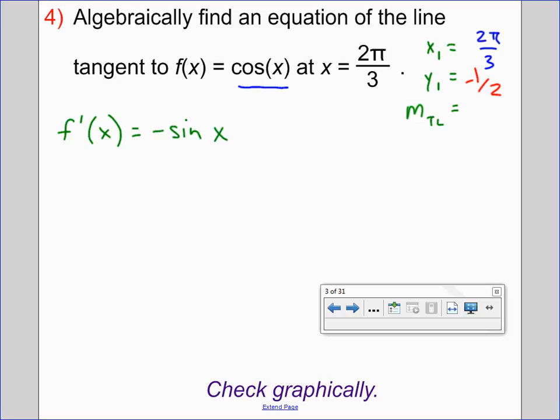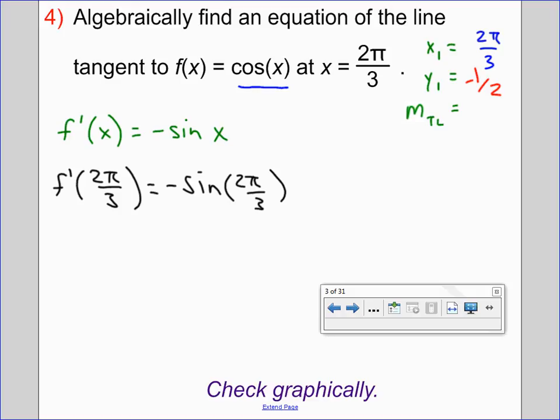And if we want to know f prime of 2 pi over 3, the slope of the curve at x equals 2 pi over 3, that's a simple evaluation. We'll simply plug my 2 pi over 3 into my derivative function and evaluate.